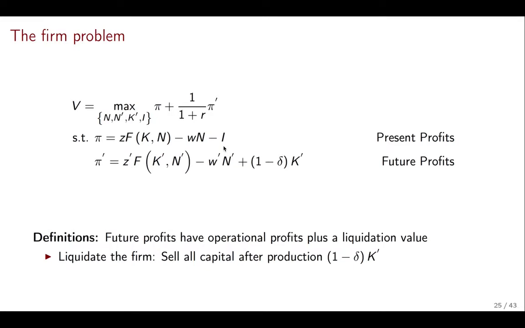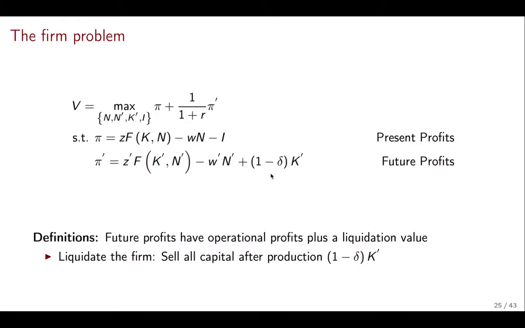Then future profits are going to be future revenue out of the production of future output, net of future labor cost. But then at the end of the day, the firm can liquidate the capital that's left. So there is K prime units of capital tomorrow, but that's depreciated after production. The firm can sell all that capital and transform it into additional profits.